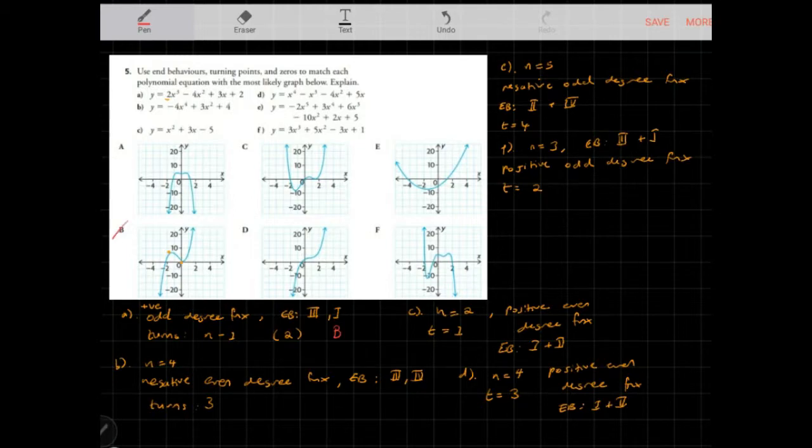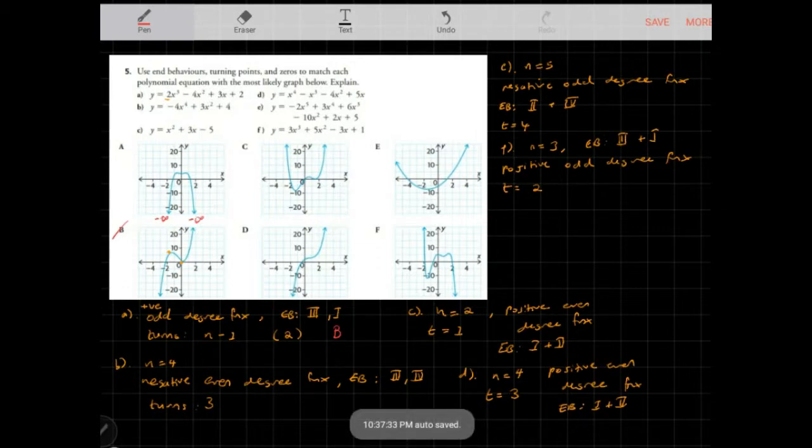Okay, so the next thing we need to look at is part B. There is a degree of 4, there are 3 turns, and the end behavior is a negative even degree function, so both should be facing into negative infinity in quadrants 3 and 4.